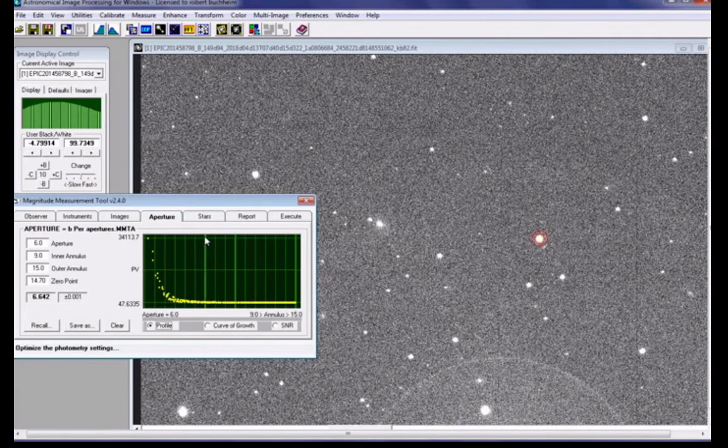The first heavy line is 6 pixels radius, which was the measuring aperture that your eclipsing binary team used, and then the 9 pixel gap, and then the 15 pixel radius for the sky annulus. And you can see, the point spread function is quite sharply peaked, and it's gone from max down to practically the sky level in a couple of pixels.